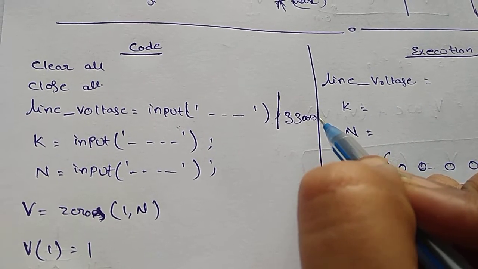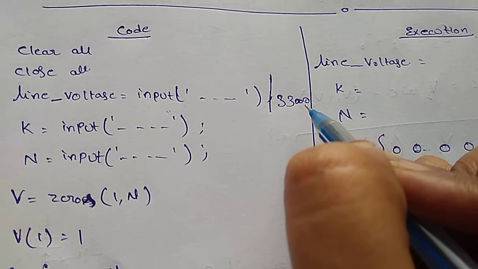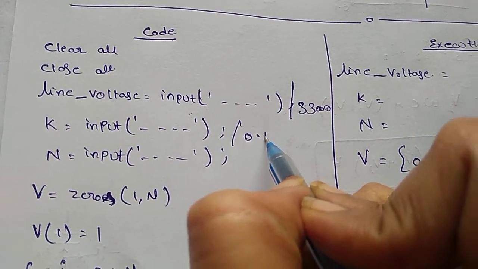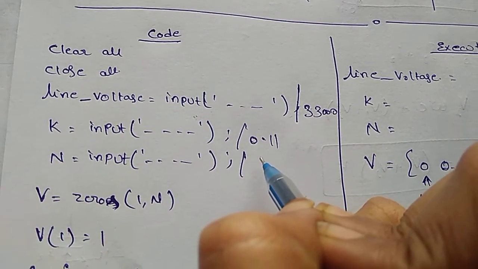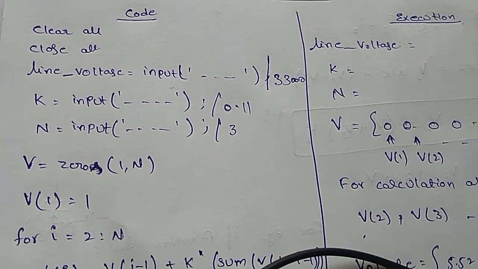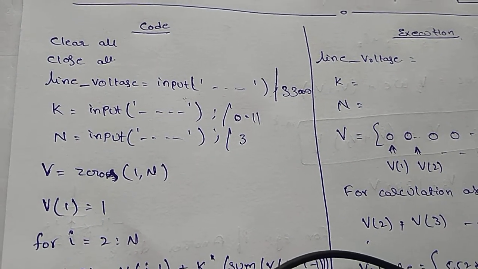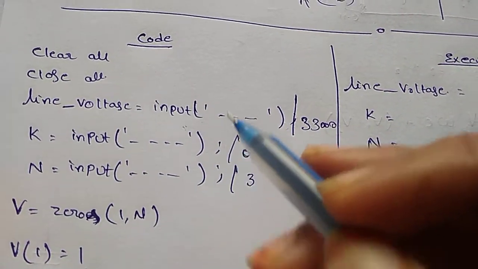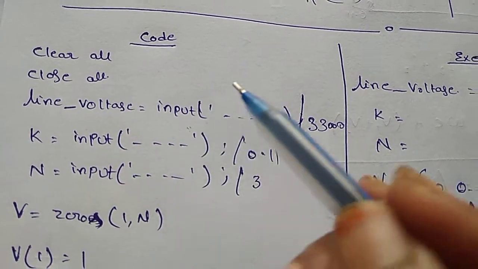That's why I'm writing it in thousands here, and you can mention here 0.11, or you can mention 3 if you want it only for one value. If you want to run this code for only one value, you can directly assign. Otherwise, you can give the input function.